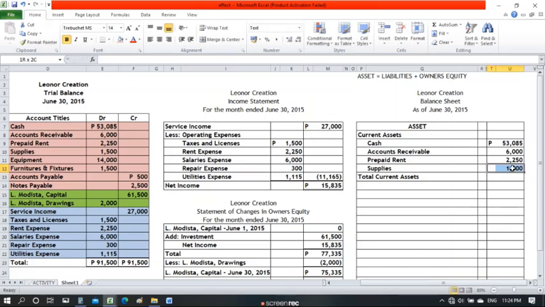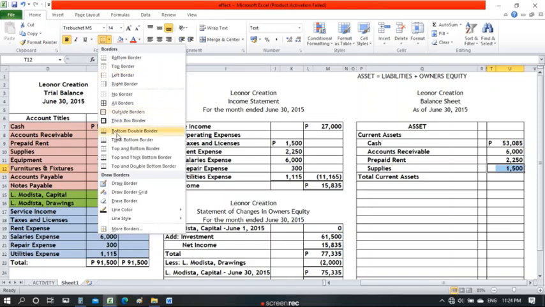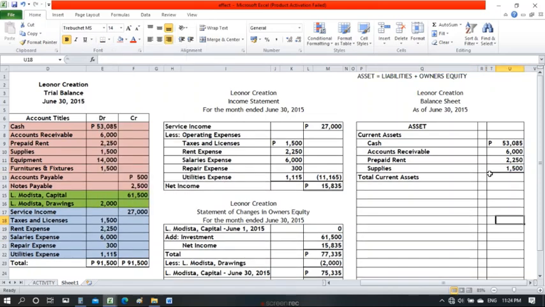Since you're getting the total, don't forget to write this line, indicating that you are getting a total. So let's compute. 53,085 plus 6,000 plus 2,250 and 1,500.